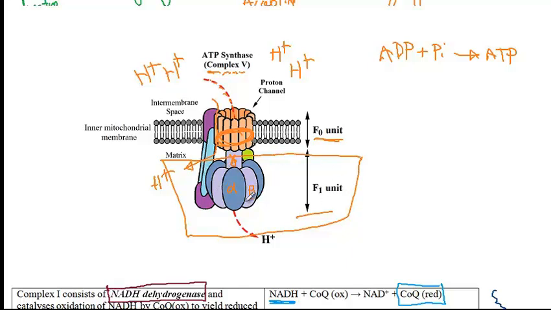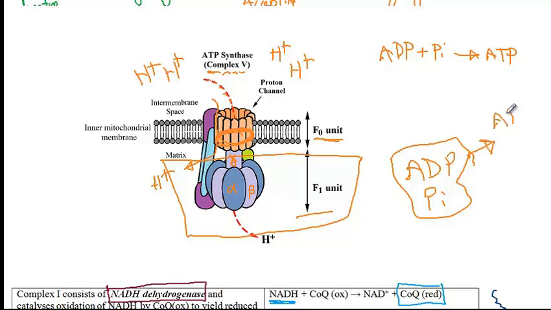And now these conformational changes allow ADP and phosphate to enter through these complexes. They're kind of getting squeezed together by all these conformational changes, and they will yield adenosine triphosphate. So adenosine diphosphate plus a phosphate group will yield ATP.